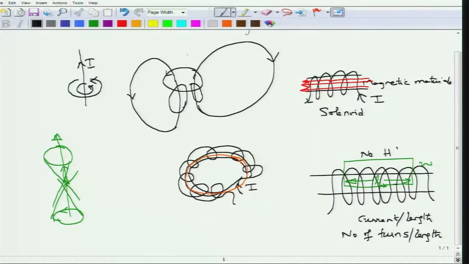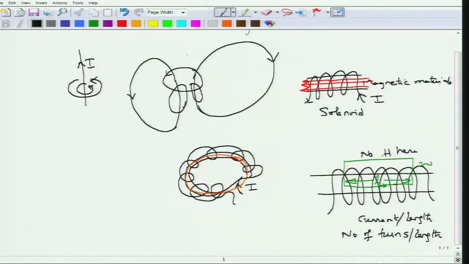So no H here tells us that there is no magnetic field outside that of the solenoid, and all the magnetic field is inside the solenoid. Okay. This is an approximation which is very good when the length of the solenoid is very large, especially compared to its diameter.